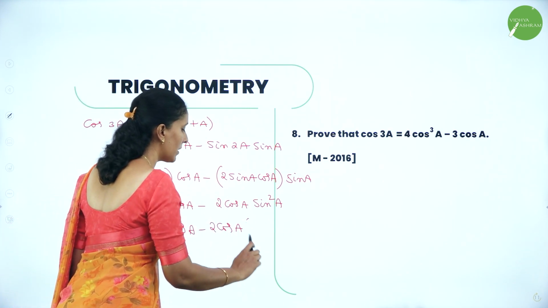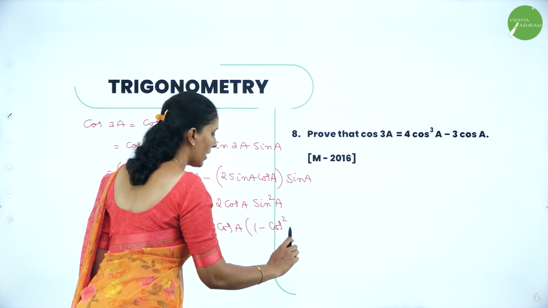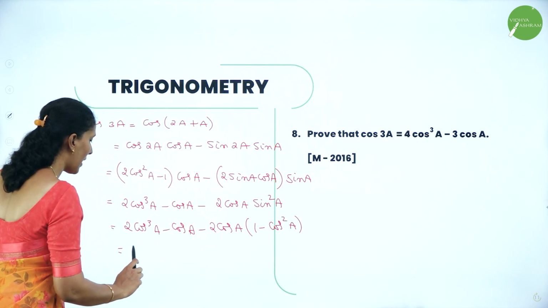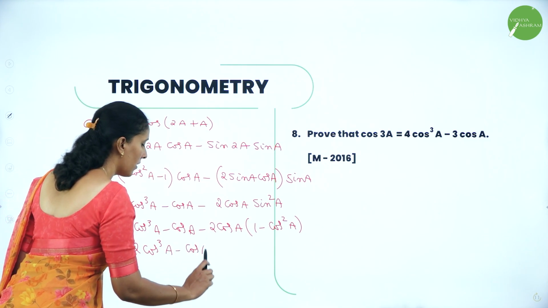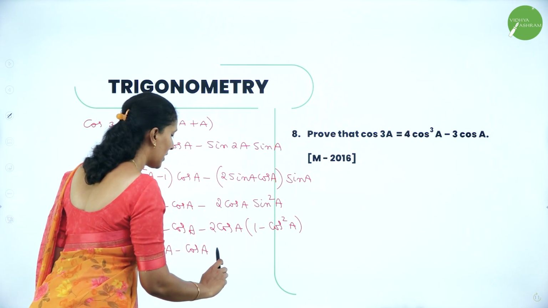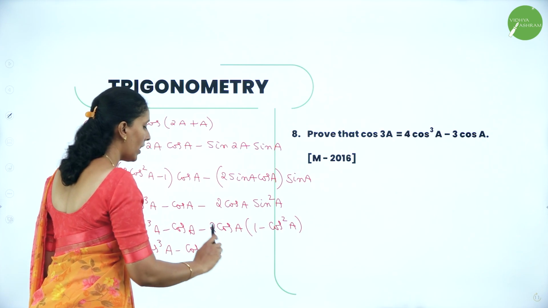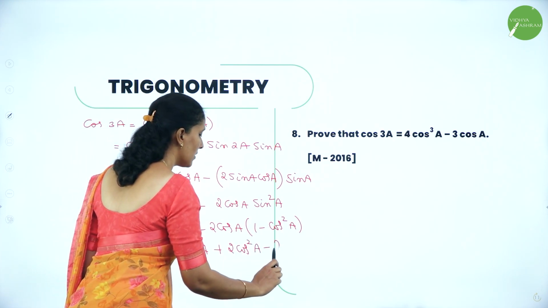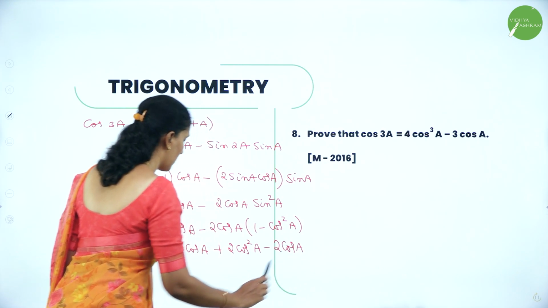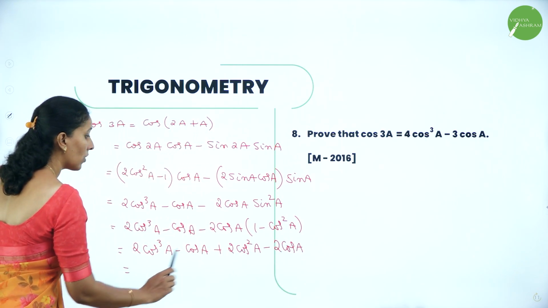Sin square a can be written as 1 minus cos square a. On multiplying, we will get 2 cos cube a minus cos a. Minus into minus becomes plus here. Cos square into 2 cos square a become 2 cos square a minus 2 cos a. 2 cos square a plus cos cube a.